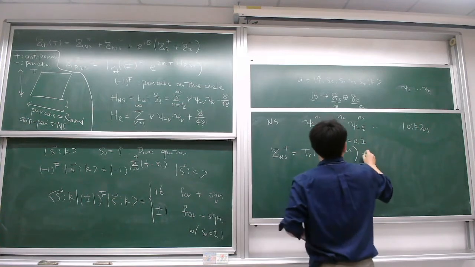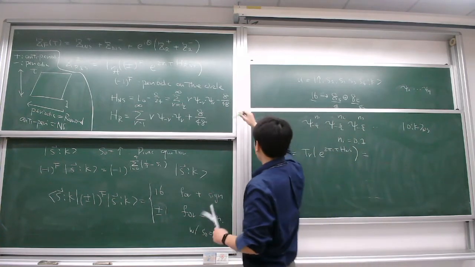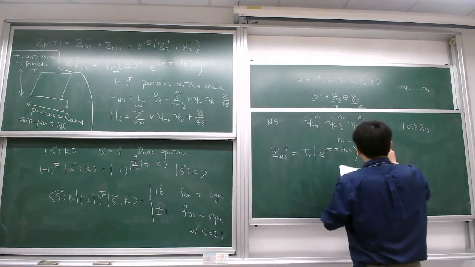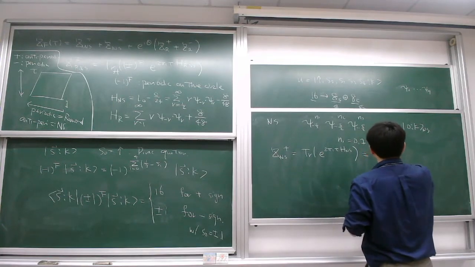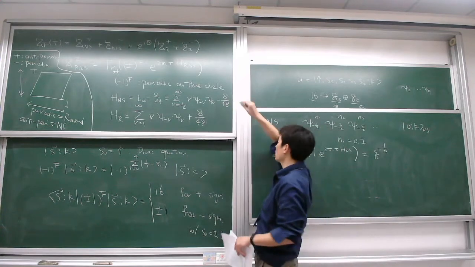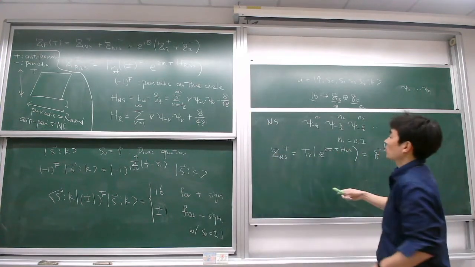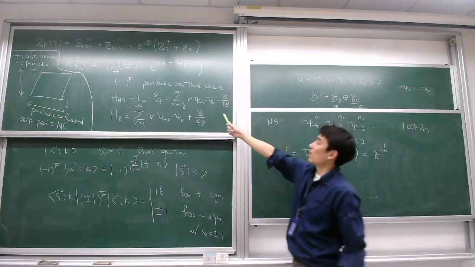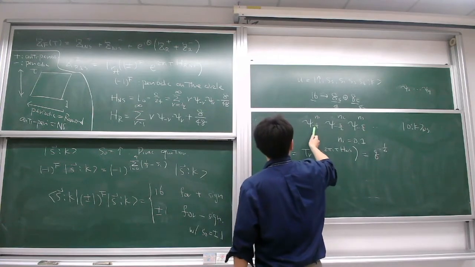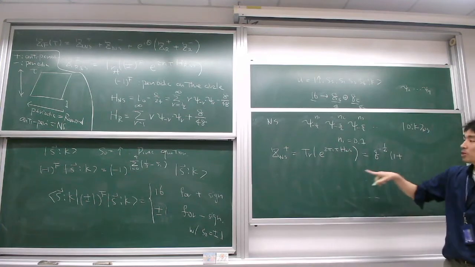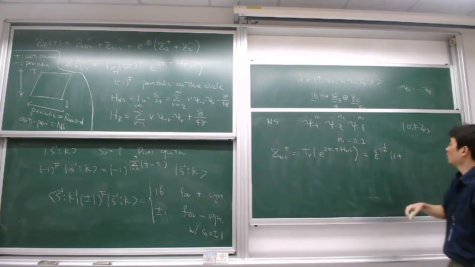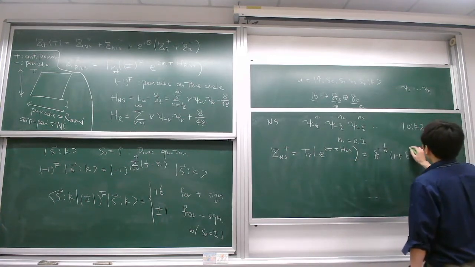Okay, and then this (-1) to the 1/2 just gives you q to the minus 1 over 6. This is minus 1 over 6, right? And then this number operator will count how many times it acts on this one, which will give you 1 plus, and this plus sign, because there is no minus sign here, q to the 1/2.